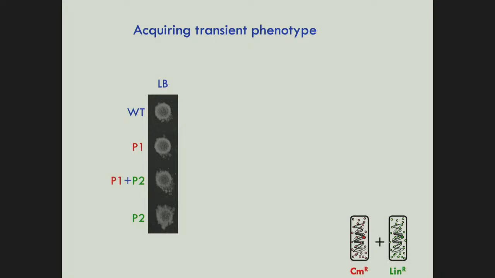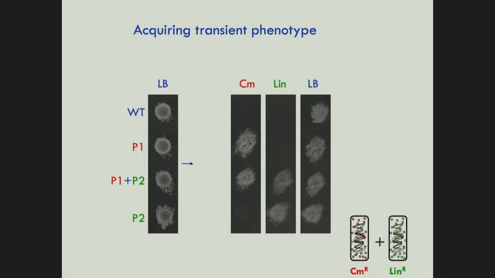For that, we spotted wild type, one strain of each kind of antibiotic resistance, and mixed. There you could see that when one kind of antibiotic is used, one strain can grow at one place and the mix can grow.